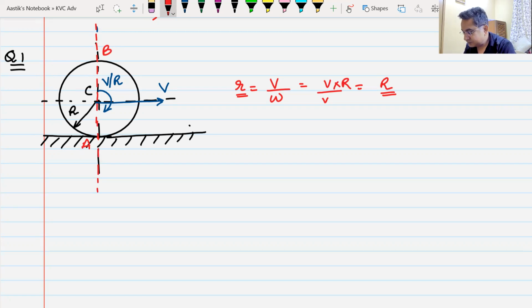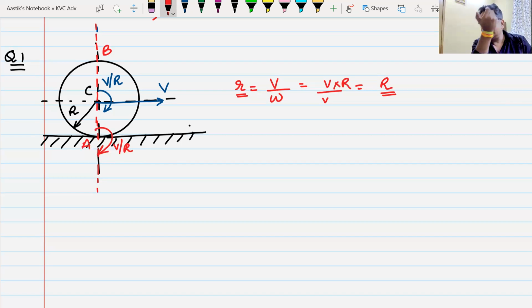It is point A. Remember, it has to rotate with the same angular velocity v by r. When it rotates like this, then only the velocity of the center of mass will go in this direction.